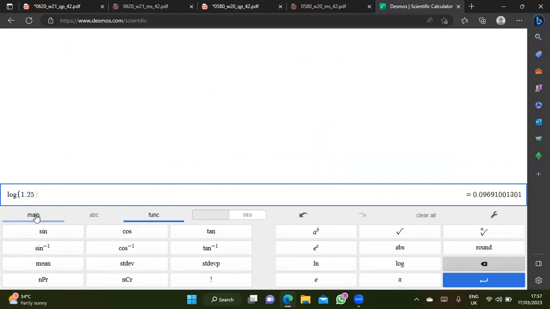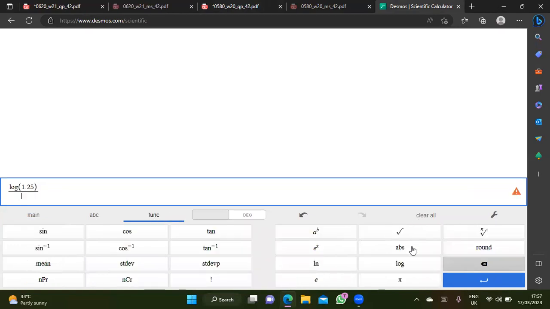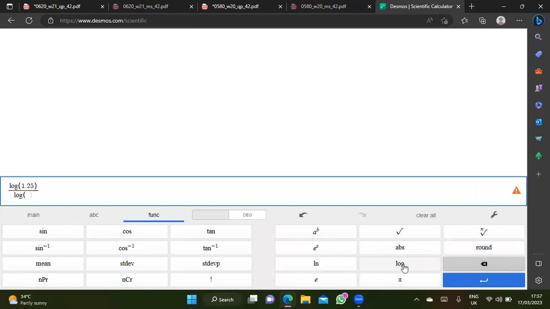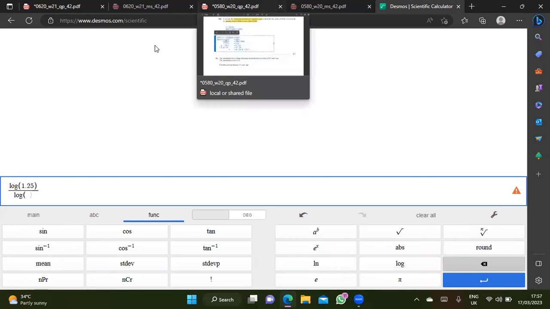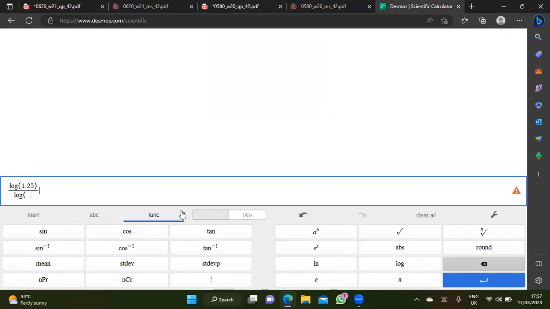You do need another log. What log is it? Just 1.02. You see how easy it is?